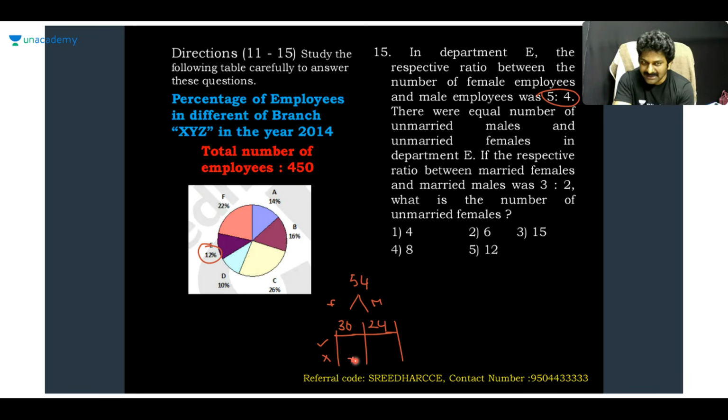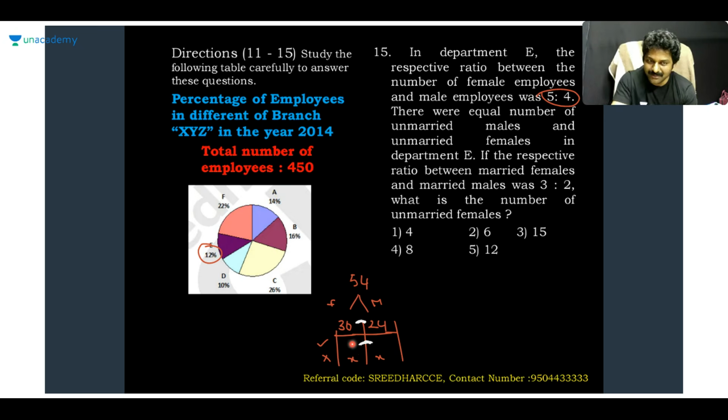See, if there are X people here, there will be X people. So what is the initial difference that we have in male and female? 6. So when unmarried people are equal, the same difference should be there in married people.